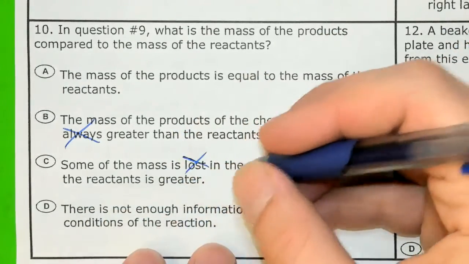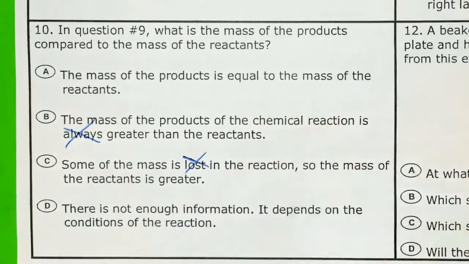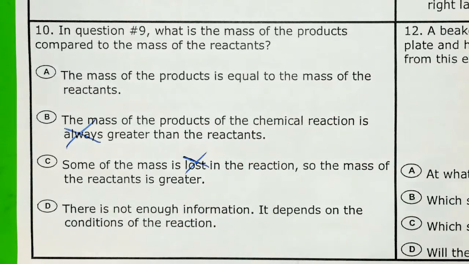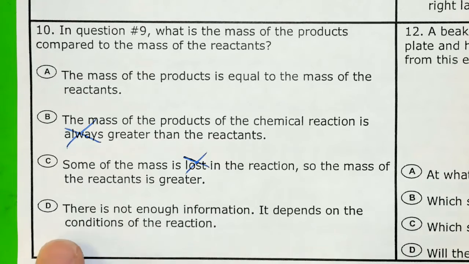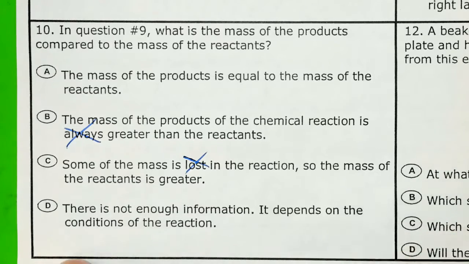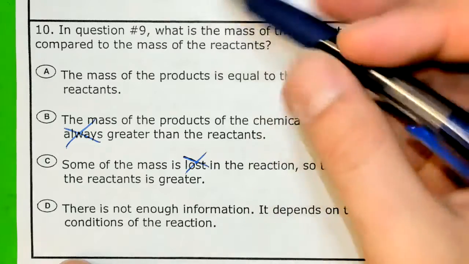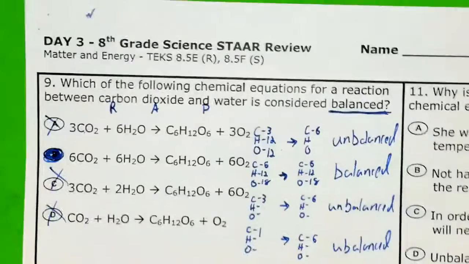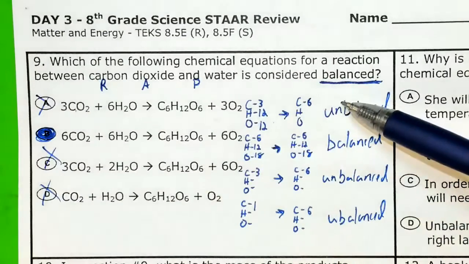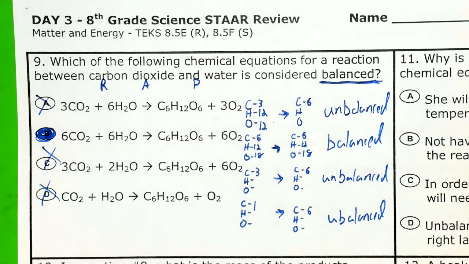Remember, the law of conservation of matter says that matter cannot be created nor destroyed, all right? Has to come from somewhere. And D, there is not enough information. It depends on the condition of the reaction. No, there's always enough information. They give us all the numbers that we need in the formulas. That's how we know that A, C, and D do not exist.